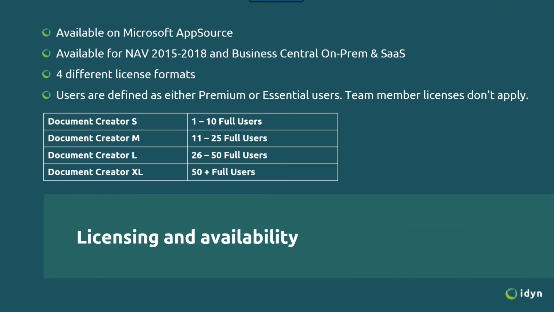All right, so some availability stuff. As I said before, the app is already inside the app source at Microsoft, so you can just start playing with it right away. It is not only available for a SaaS solution on Business Central. It is available in NAV 2015 and up, so you can have an old-fashioned on-premise NAV, and there's a document creator for that as well.